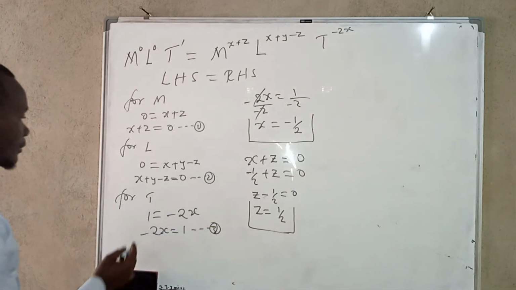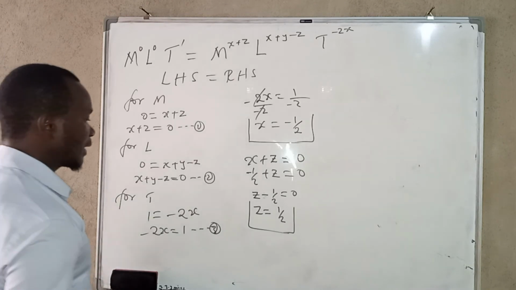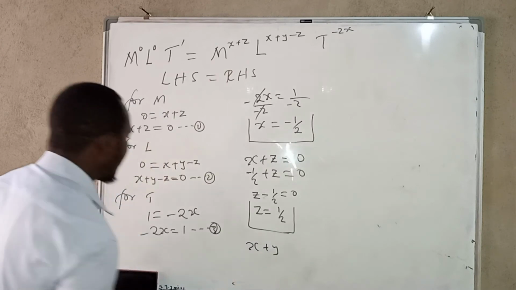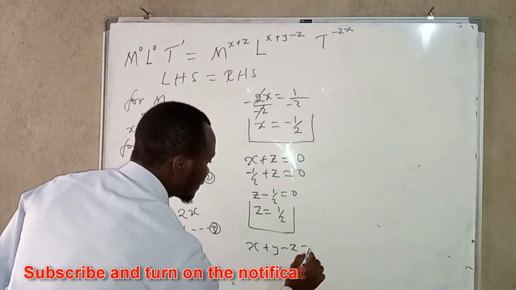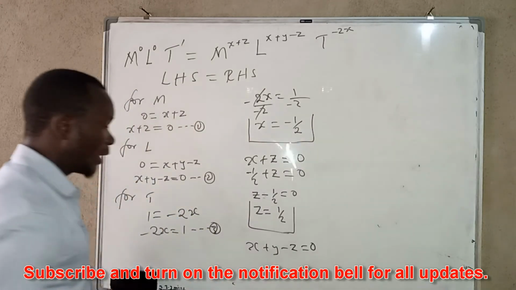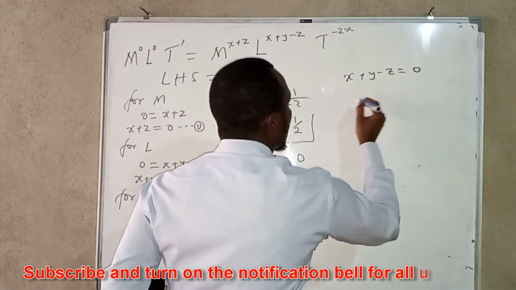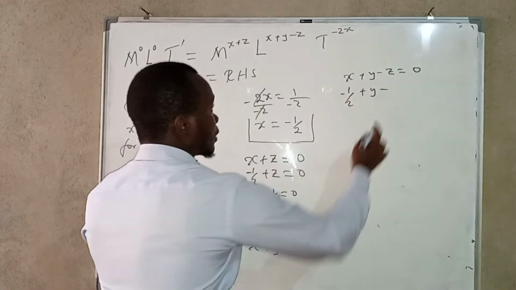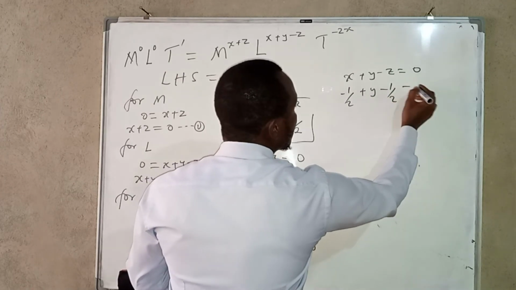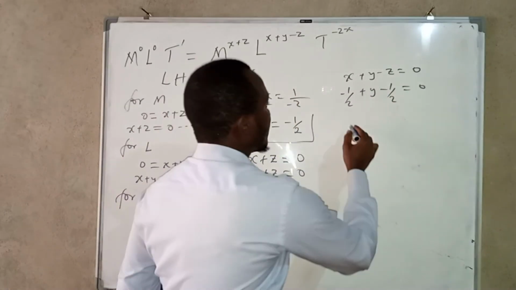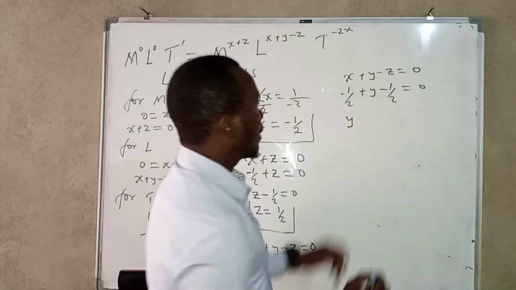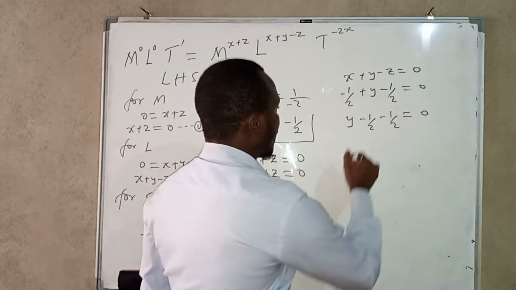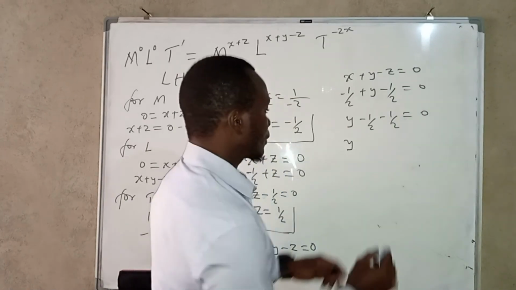Now the last one, from equation 2, since we have Z and X, we can find Y. So we have X plus Y minus Z is equal to 0. Plugging in the values, we have X is negative half plus Y, minus half. This would give us 0. So this is the same as Y minus half minus half, which would give us 0.